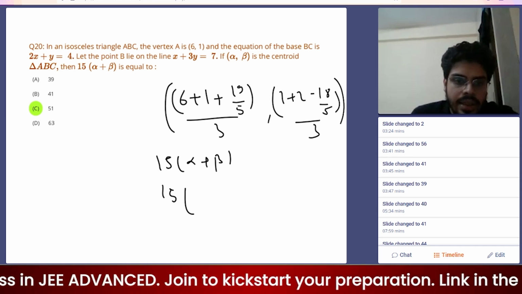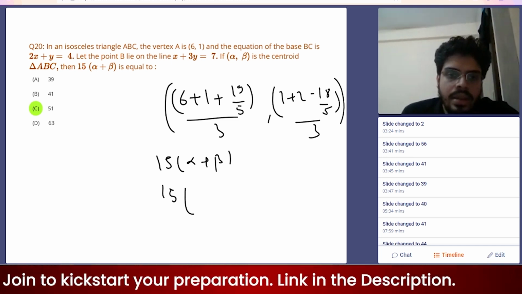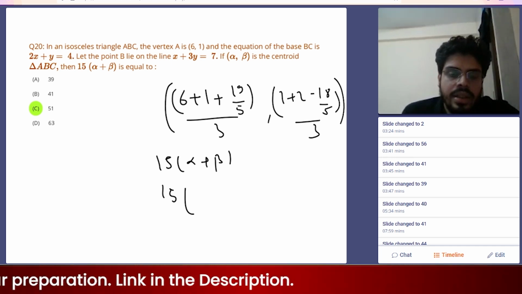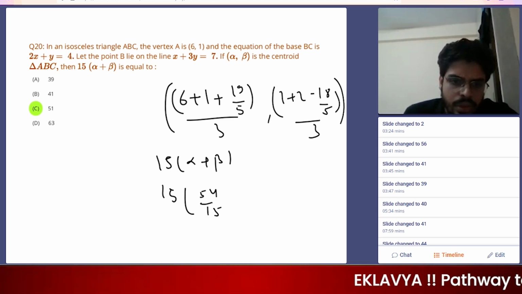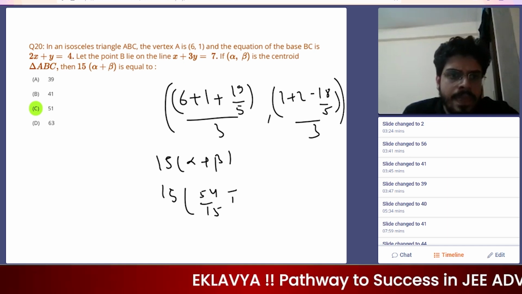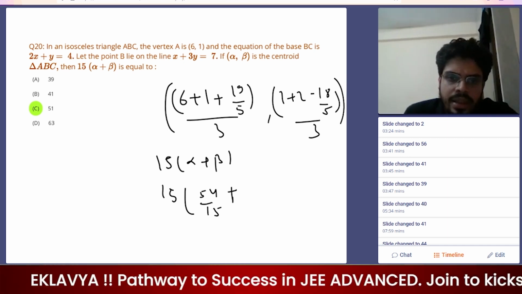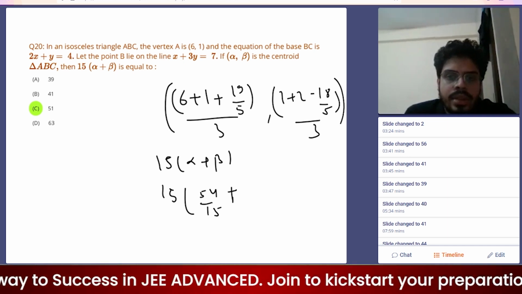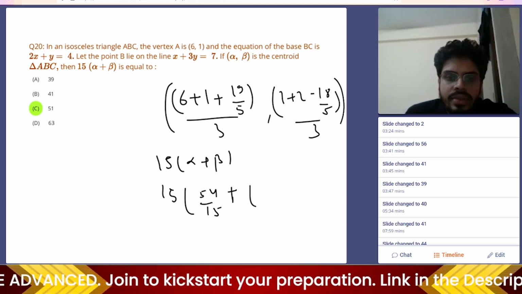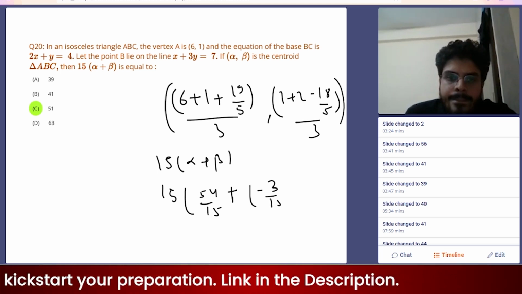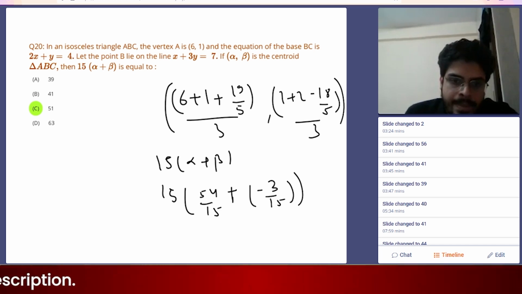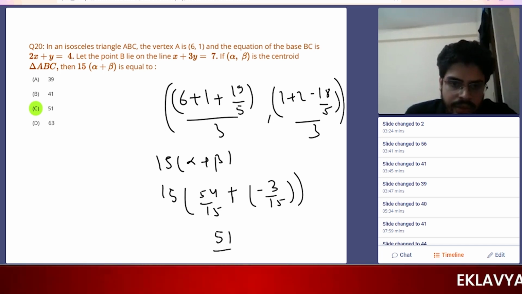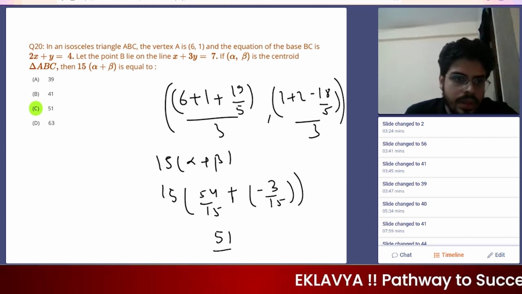So from here I get alpha, 54 by 15, comma, plus I should write beta. I get 1 plus 2 is 3, 15 minus 3 by 5, minus 3 by 15. Okay. So this will be 51.